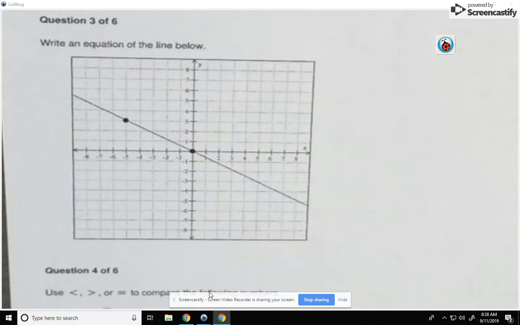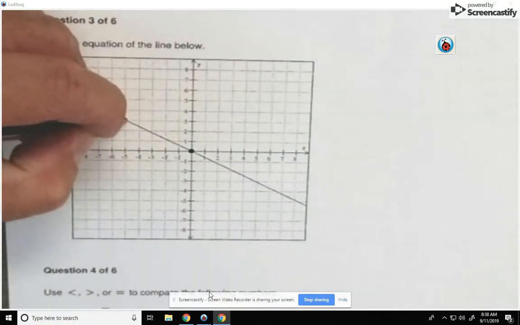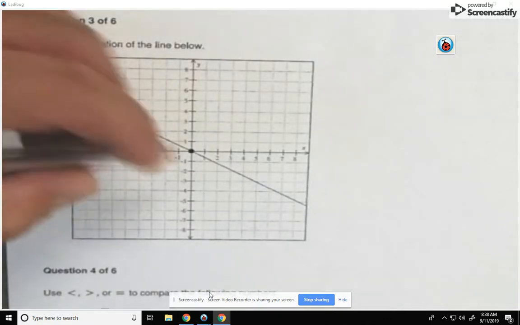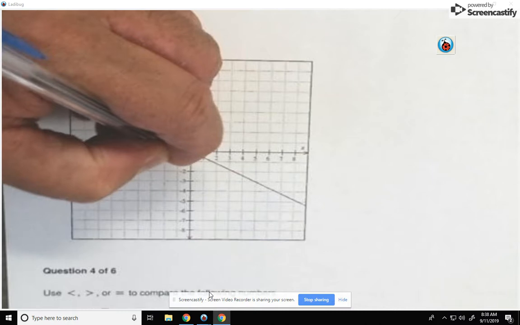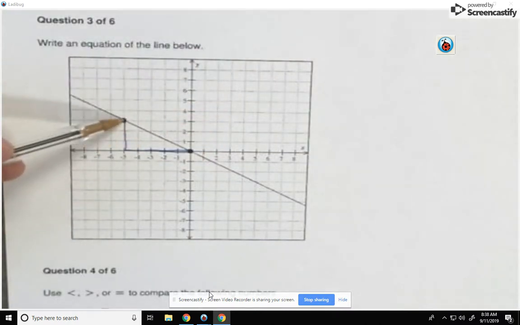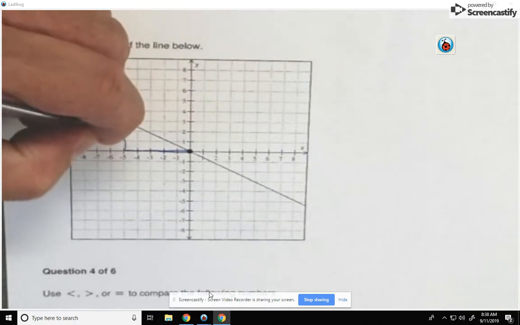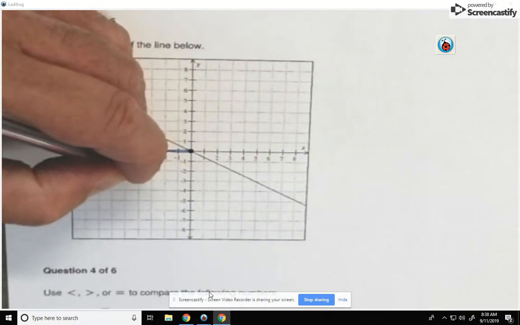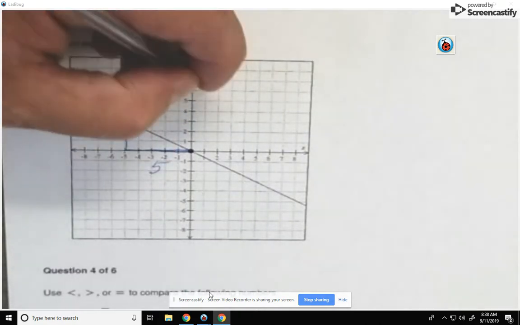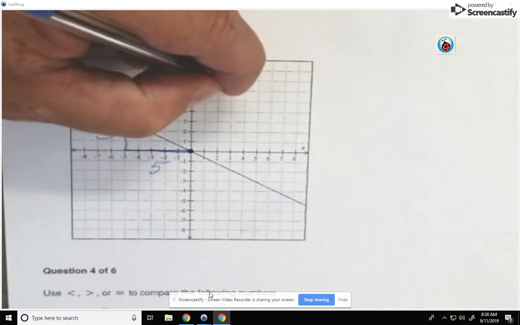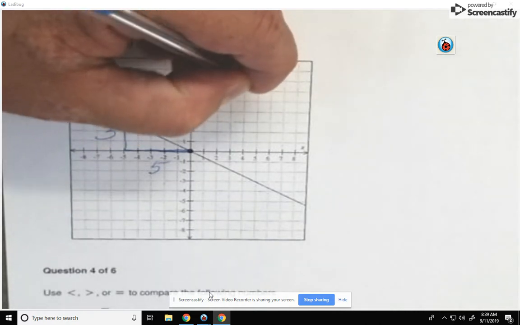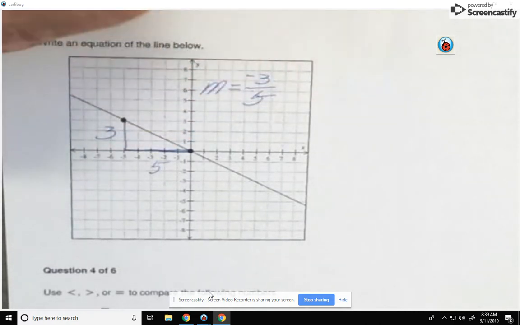To do that, we can use the trick where we form the right triangle. Here to here, we're going down 3, we're going over 5, so we know that our slope is negative 3 over 5.